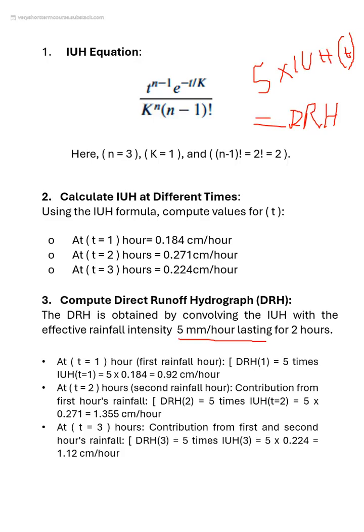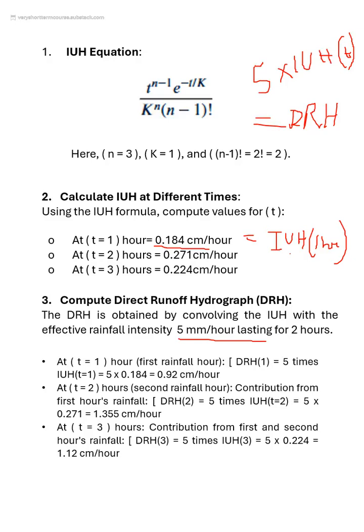As you see, at T equal to 1 hour, it is 5 times 0.184 because 0.184 is the IUH at T equal to 1 hour. Right? That is why I have multiplied 5 with that IUH at 1 hour to get the ordinate after 1 hour.